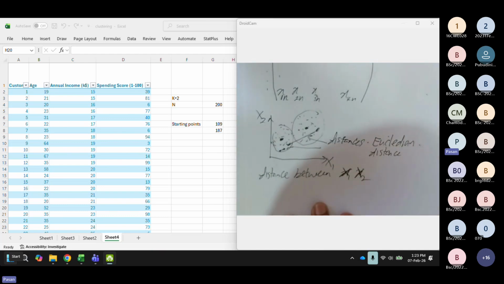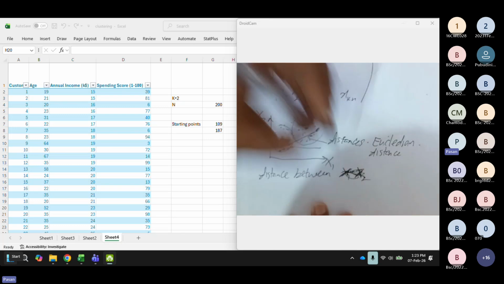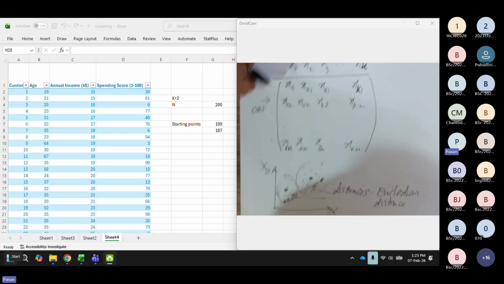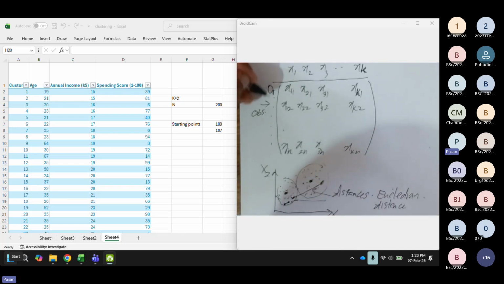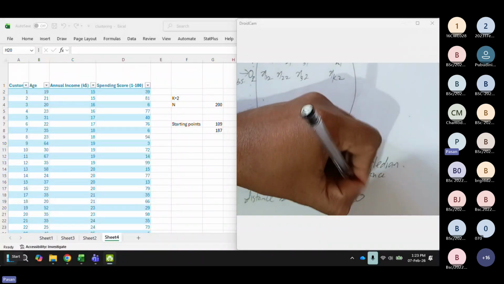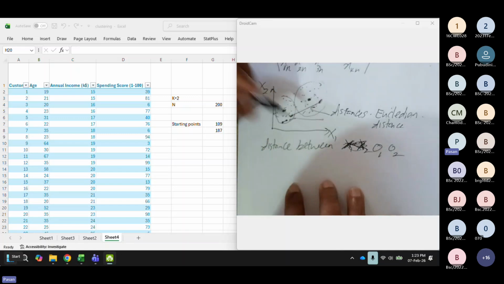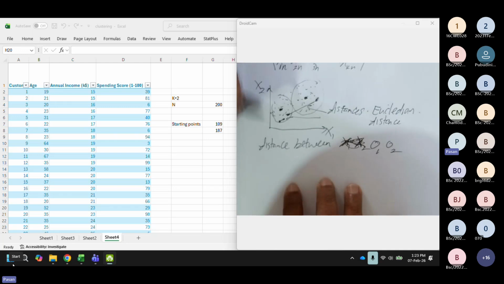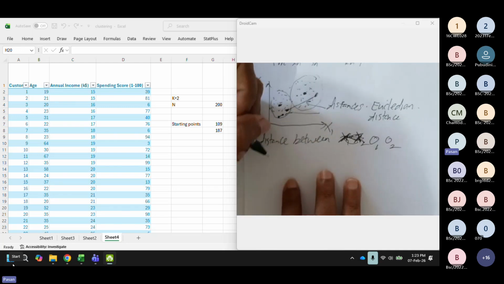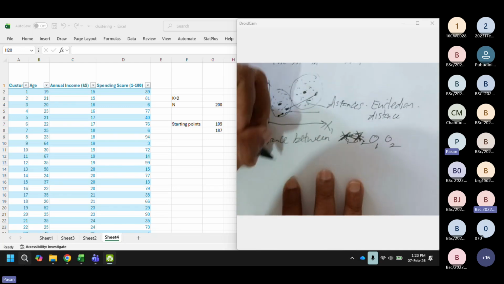It is not x1 and x2; I can define it as observation 1 and observation 2. Between any two observations, we can measure the distance as the Euclidean distance.